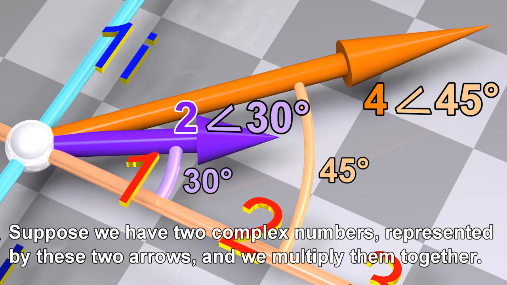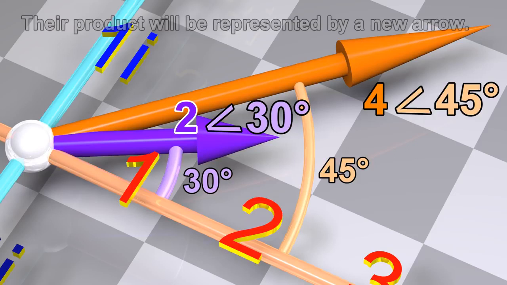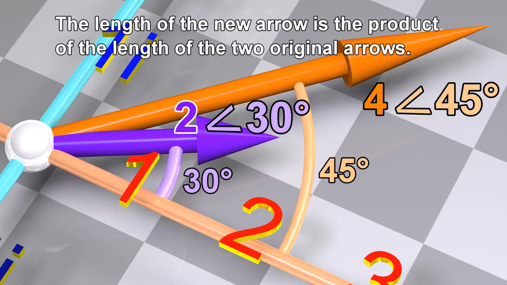Suppose we have two complex numbers, represented by these two arrows, and we multiply them together. Their product will be represented by a new arrow. The length of the new arrow is the product of the length of the two original arrows.